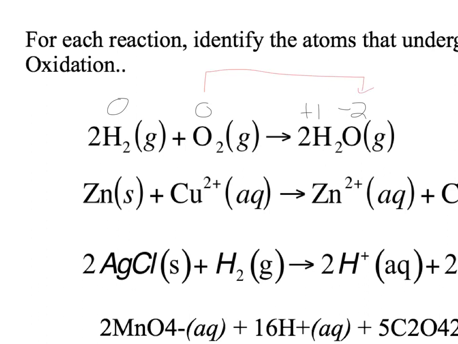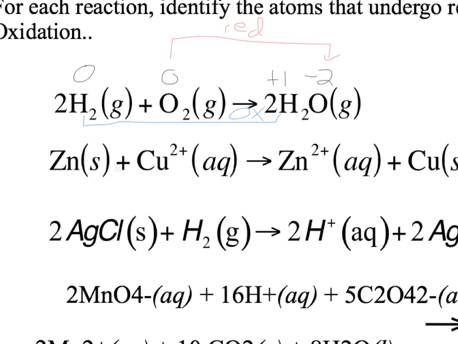That went down. We're going to call that reduction. My hydrogen went from 0 to +1. That oxidation state went up. That is an oxidation. Okay, so the hydrogen went through oxidation, the oxygen went through reduction.